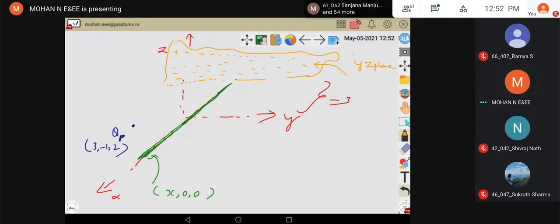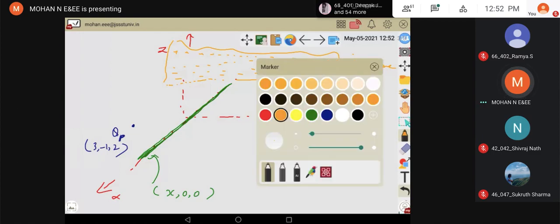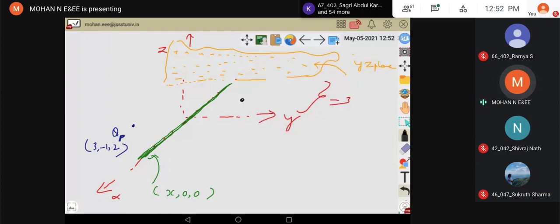Okay. Yes. Now I want to find potential at point P. That point P is at (5, 6, 7). So let me designate the point P somewhere here in the space, that is P (5, 6, 7).